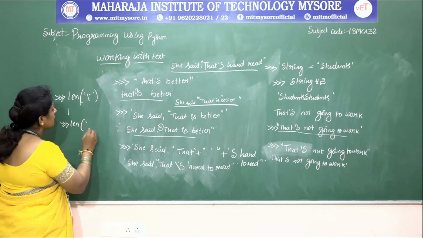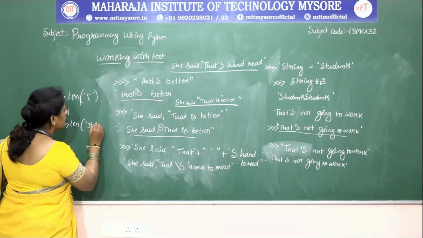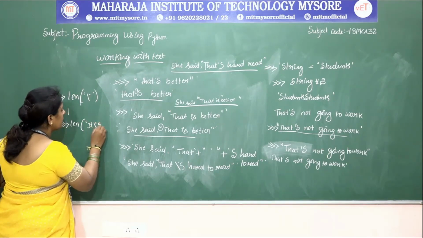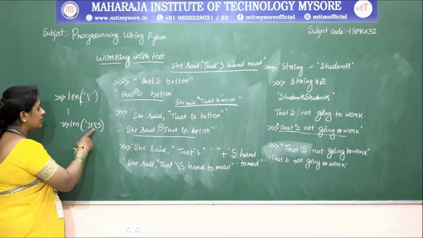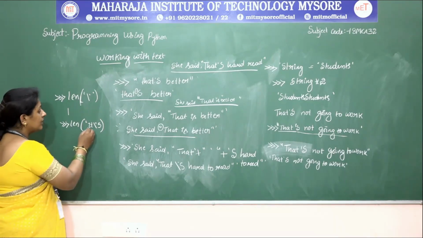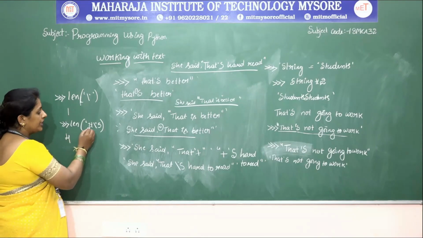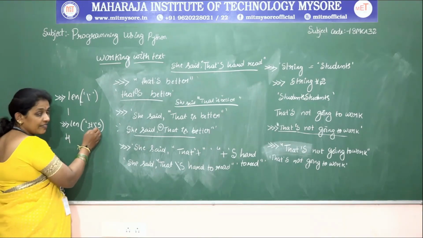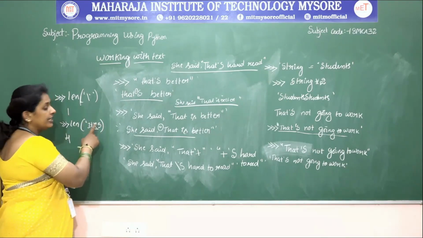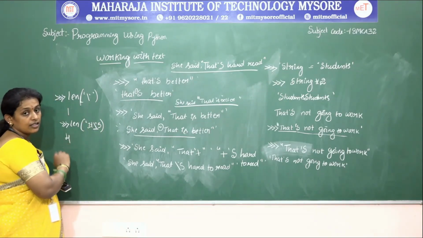Len of this, and here it is. When I consider it, I will get the output 4. So it is I, then T, and the escape sequence represents one value, then it is S, that is, it's.